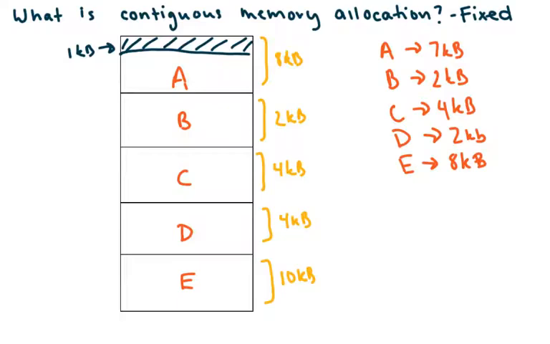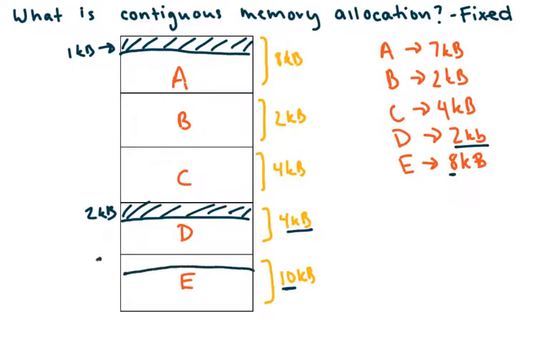For D we have 2 kilobytes of empty space, right? It takes up 2 kilobytes and our space allotted is 4 kilobytes. And finally E has 8 kilobytes and it's in a slot that is allocated 10. So again, we have 2 kilobytes that are empty.